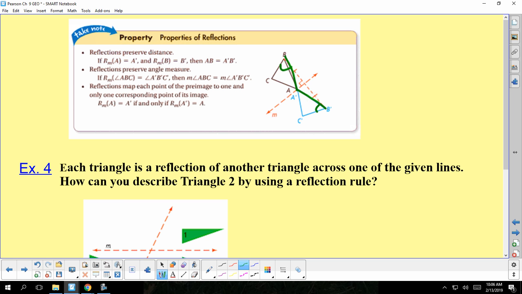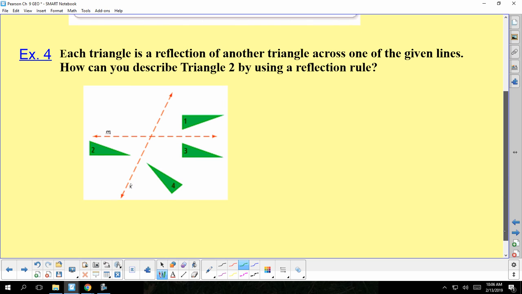Each triangle is a reflection of another triangle across the given lines. How can you describe triangle 2 by using a reflection?